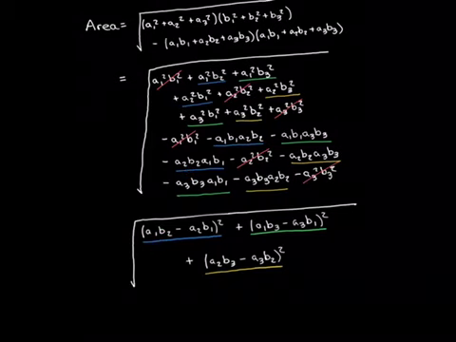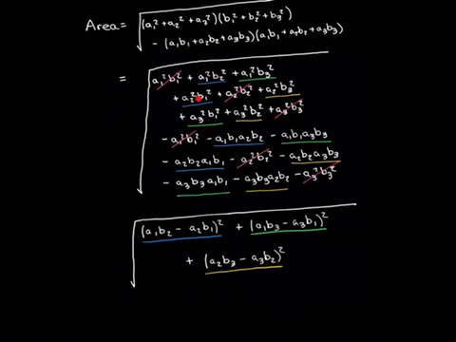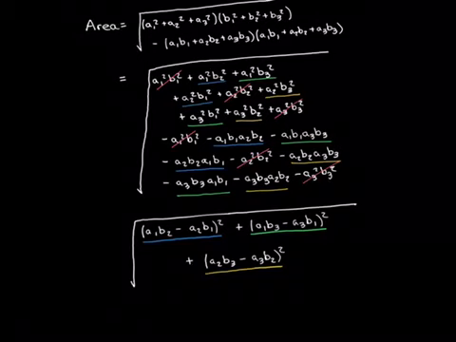So if you look at this, a1 b2 minus a2 b1, and if you square that and you expand that, you'll get a1 squared b2 squared, which is up here, plus you'll get a2 squared b1 squared, which is this bit, and then you'll get minus 2 lots of a1 b2 a2 b1, which will give you these things here. So all of what's in blue here can be written as this bit here.